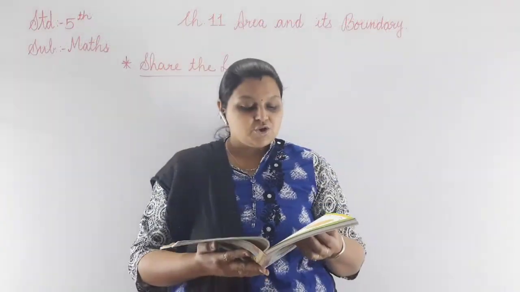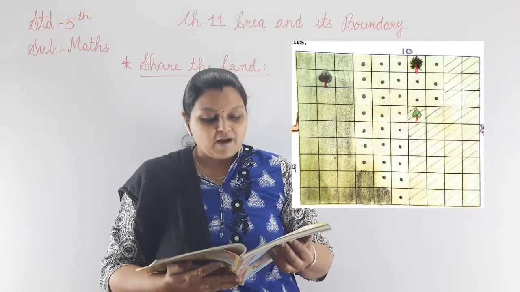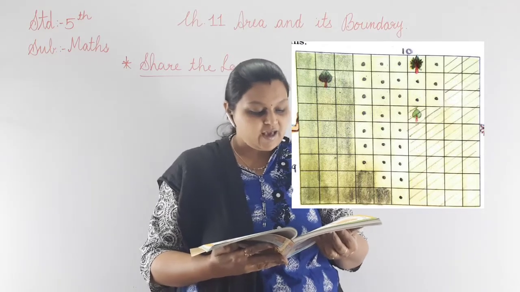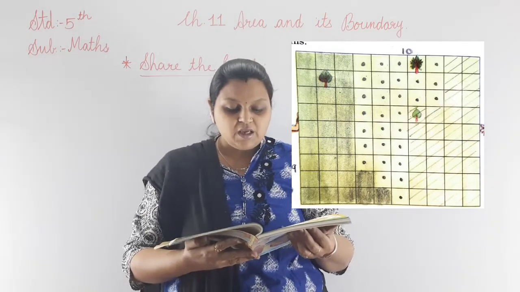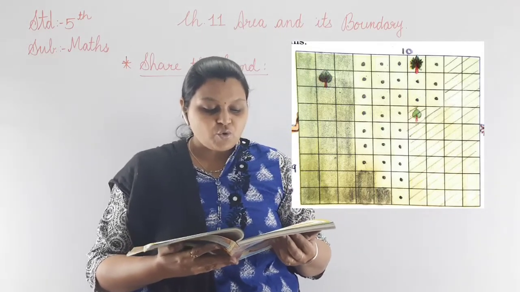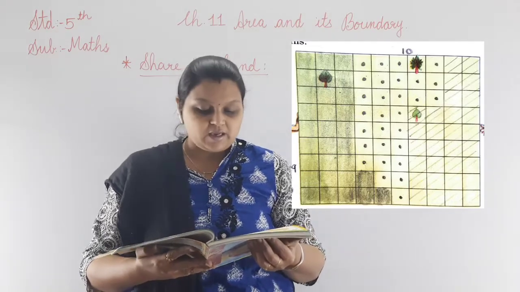Next topic is share the land. Nasrina is a farmer who wants to divide her land equally among her 3 children, Chumki, Jumri and Imran. She wants to divide the land so that each piece of the land has 1 tree.